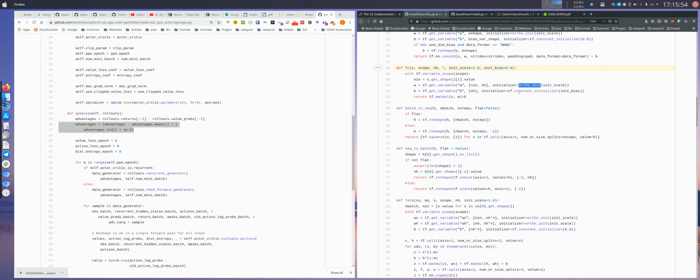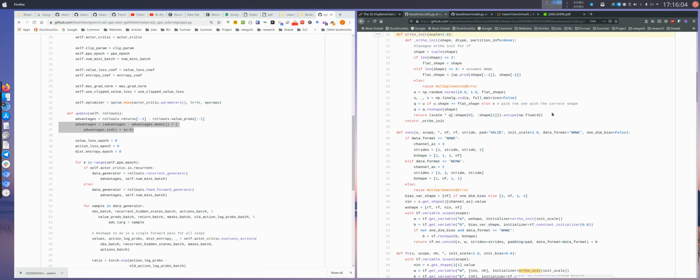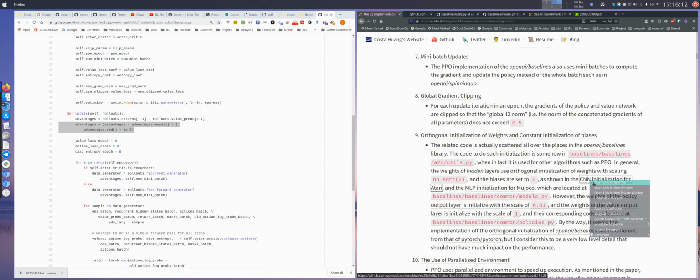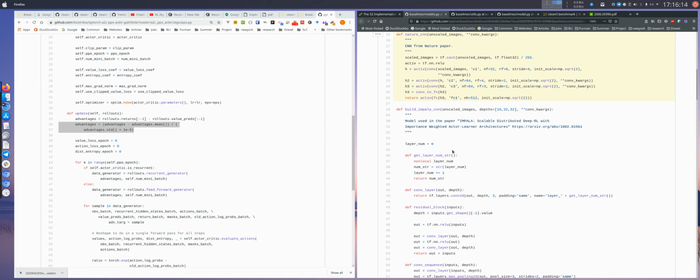The bias is initialized according to the constant initializer, and the bias is always initialized to 0. However, for the weight initialization, they sometimes use different scales.